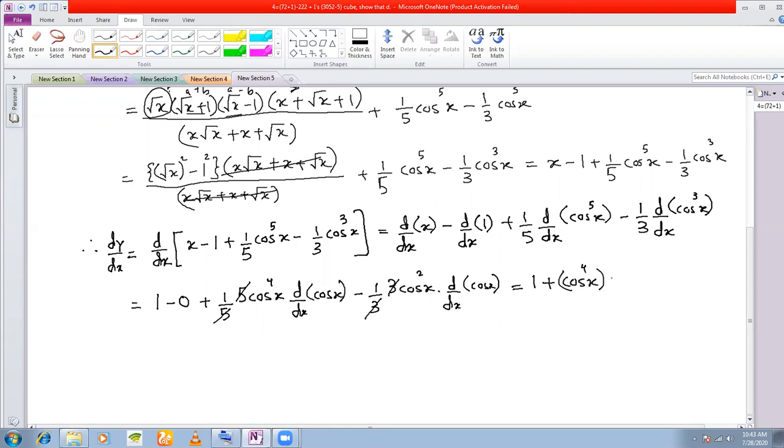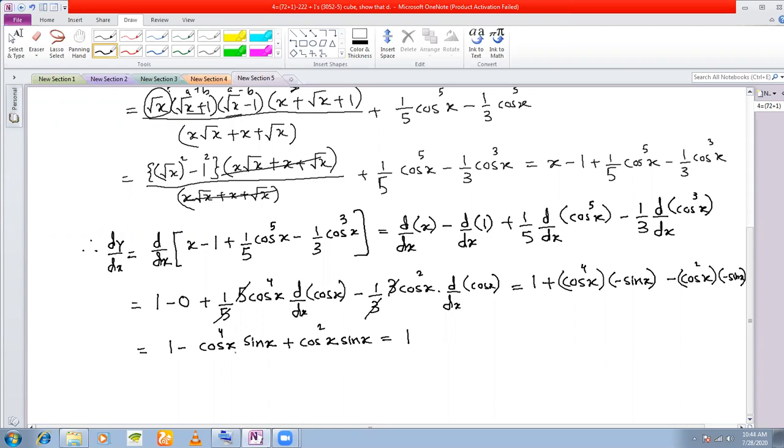And what is d/dx of cos x? It is minus sin x. Minus cos square x, and d/dx of cos x is minus sin x. So 1 minus cos to the power of 4x sin x minus or plus cos square x sin x.